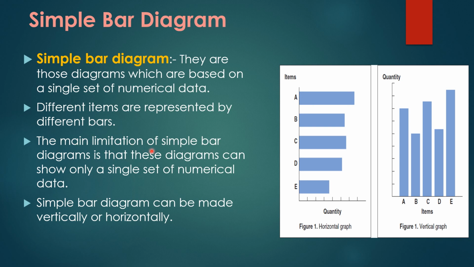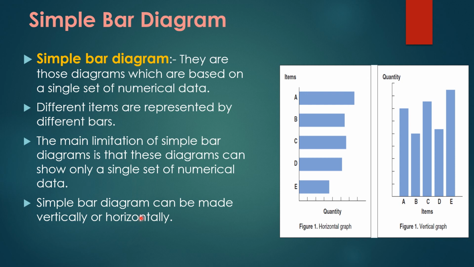The main limitation of simple bar diagrams is that they can show only a single set of numerical data. If there are 5 bars, then only 5 data are represented. If 6 bars, then 6 data. This is one of the limitations because it won't represent a large amount of data.